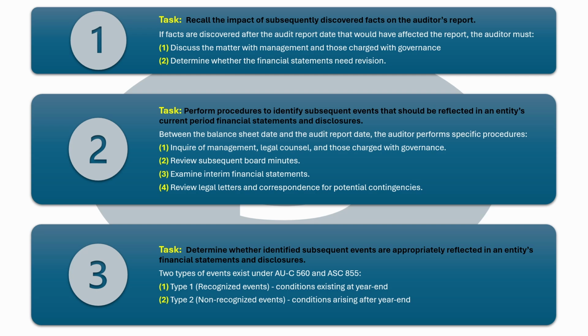Think of subsequent events like checking your phone after sending an email. Before you hit send, audit report date, you double-check spelling, attachments, and details. That's your procedures to identify subsequent events. If you realize 2 minutes later that you attached the wrong file, a Type 1 event, you resend the corrected version, adjustment required.